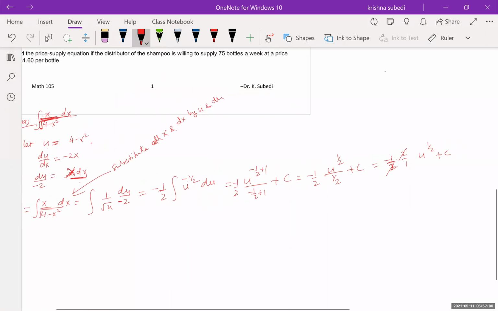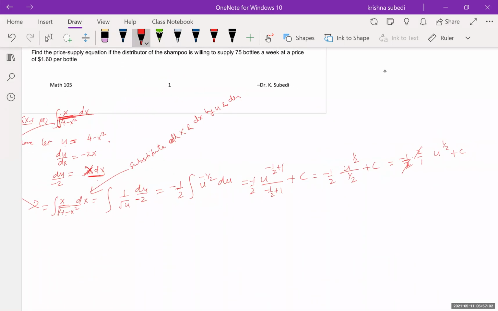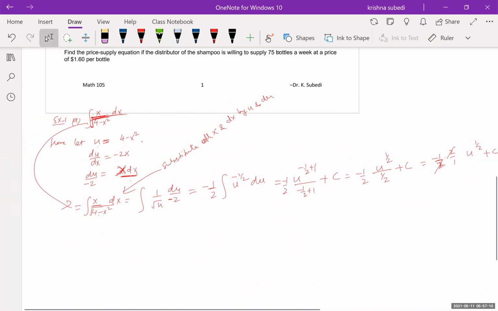Now, in your final answer, you don't leave it in the form of u, because u is a new variable that you introduced. The original variable given is x. So replace the value of u back.